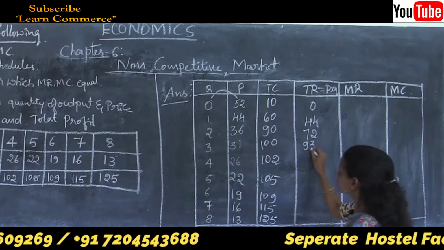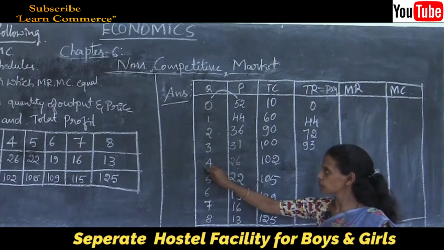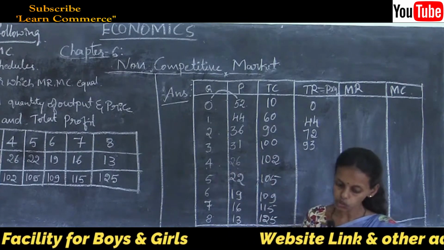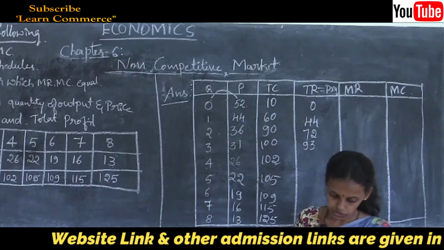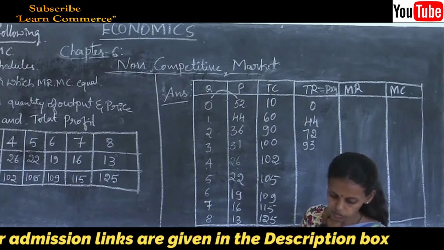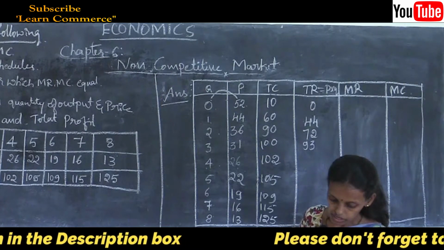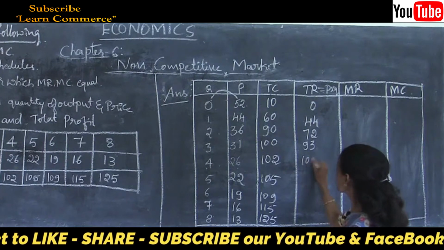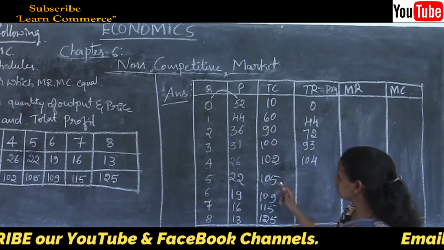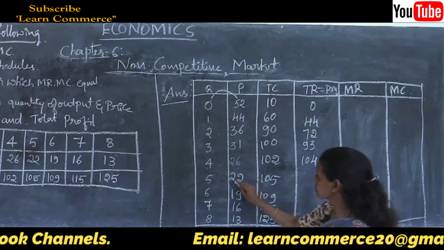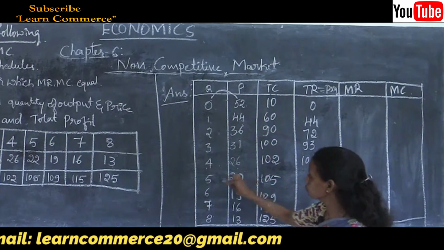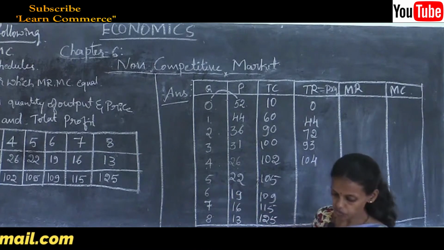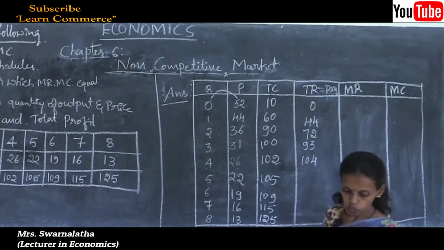Again price into quantity, 26 into 4 is 104. Again the price is 22, quantity produced is 5, that is 110.